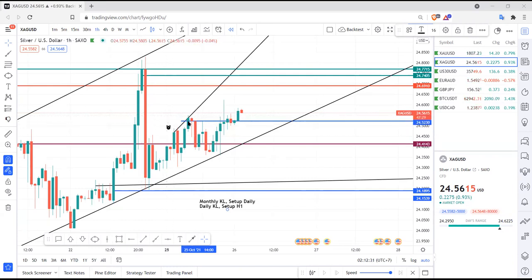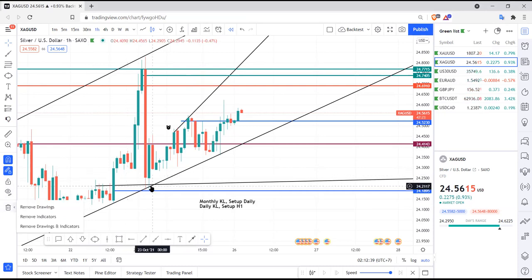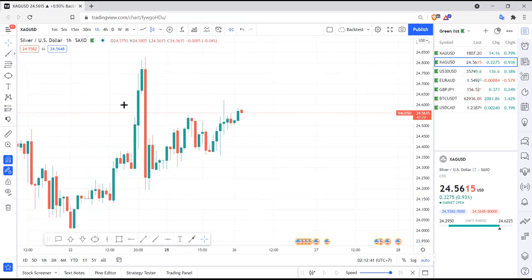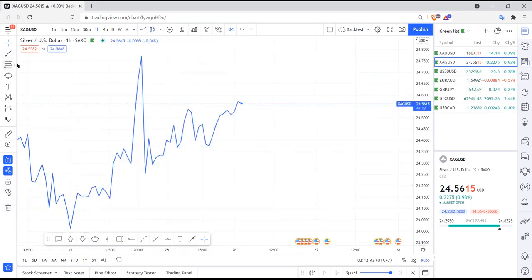Jesus explained, monthly first, and if monthly doesn't close, you use the setup for day one. So if you plan not to enter on daily, you use H1 to enter. Fine for breakout.